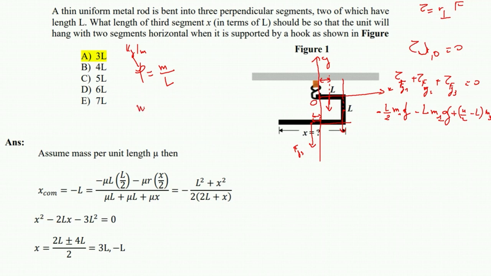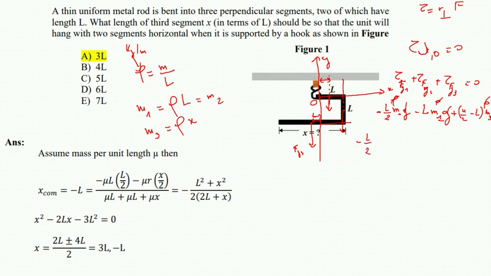So that means M1 will be equal to the linear density rho multiplied by the length L, and this is equal to M2 as well, because they have the same length. Whereas M3 is simple: I have the same linear density multiplied by X. So rho is in all of them, and like the G, it will be a common factor, so I can simplify with the density. I will have minus L divided by 2.